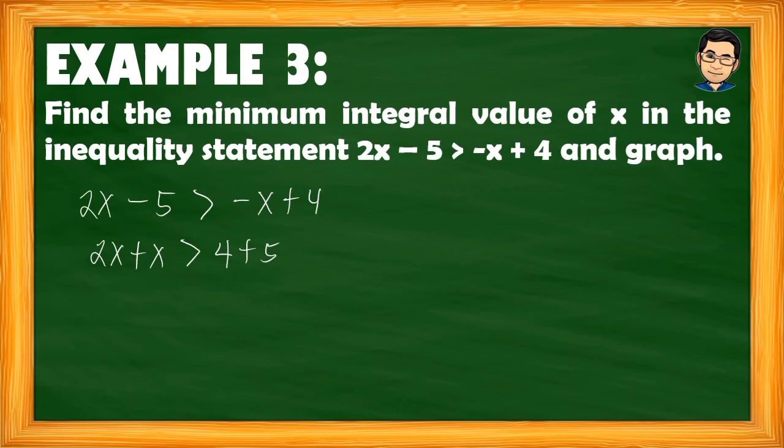O kaya, i-apply po natin yung addition property of inequality, wherein yung negative 5, para matanggal, mag-a-add tayo ng 5 to both sides. Yung negative x naman, mag-a-add tayo ng x to both sides din. So, let's add: 2x plus x, that is 3x, greater than 4 plus 5, that is 9.